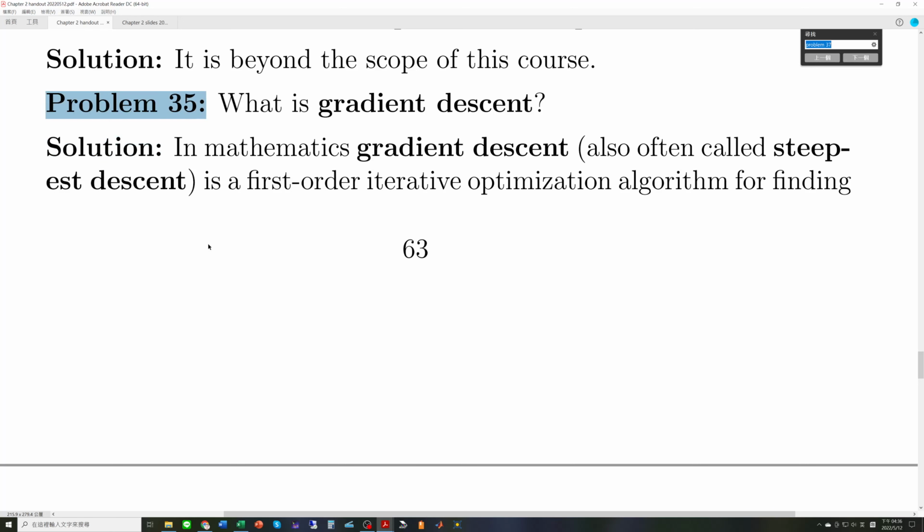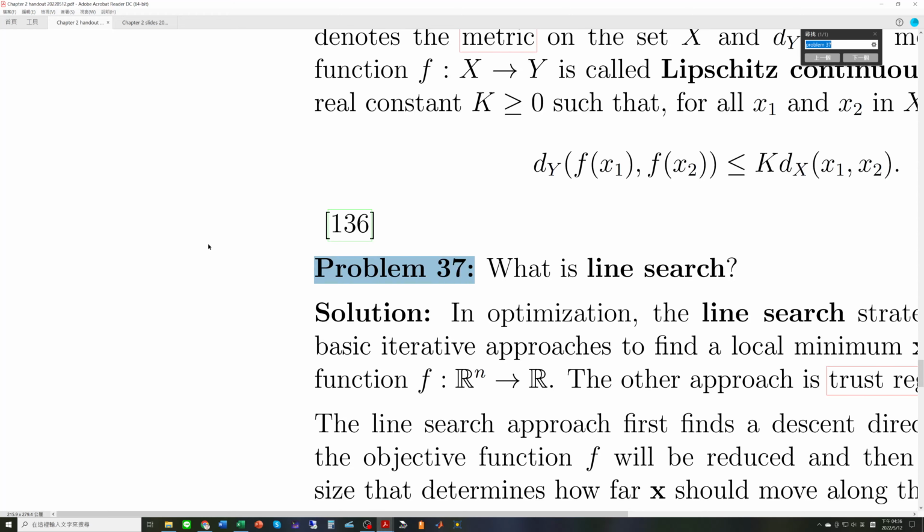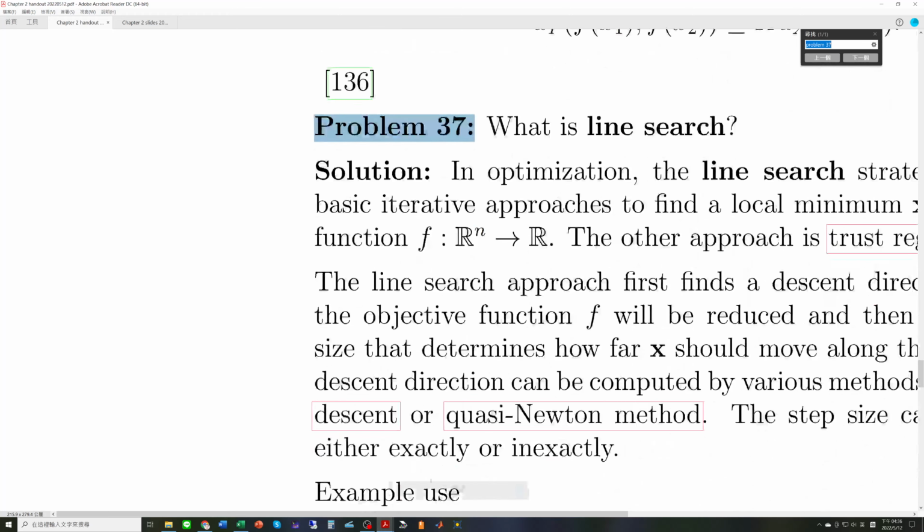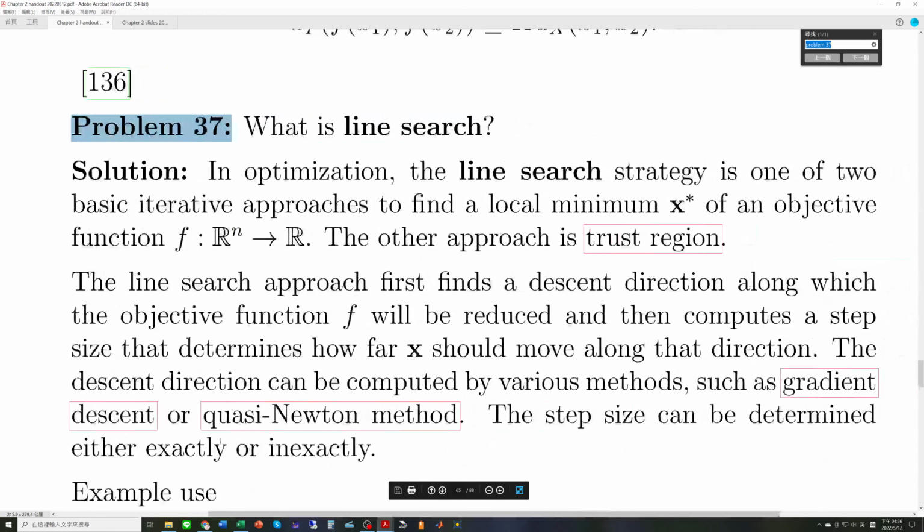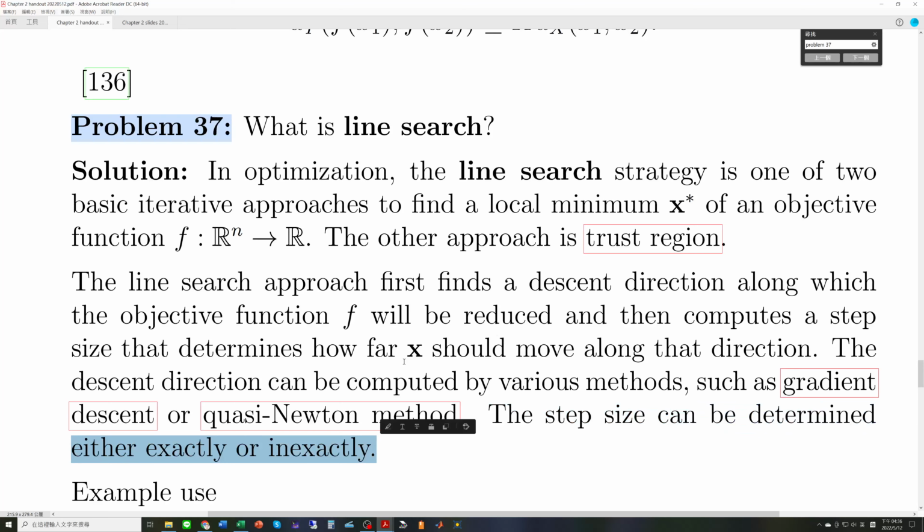Okay, let us go back to problem 37. Or quasi-Newton method. We will introduce what is quasi-Newton method later. The step size can be determined either exactly or inexactly.